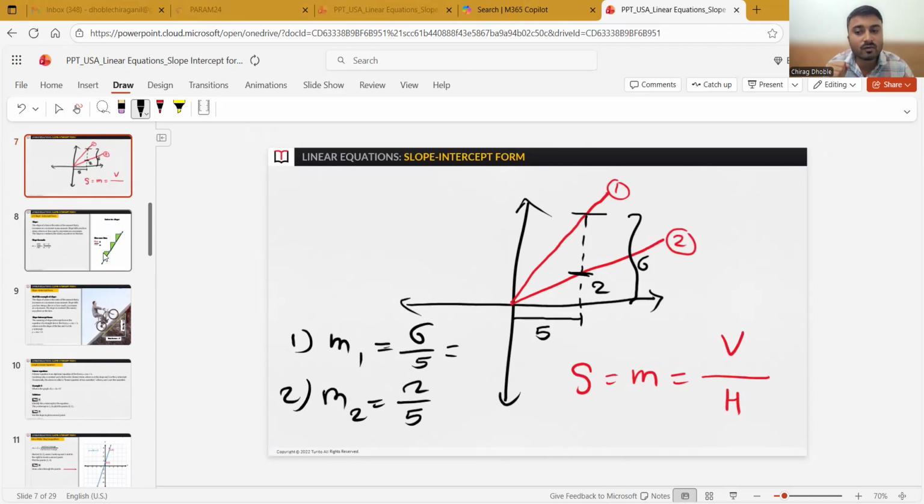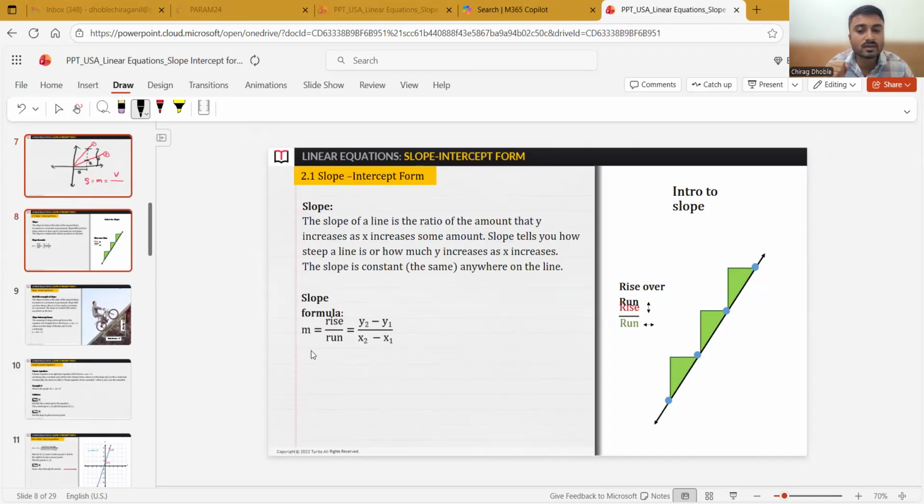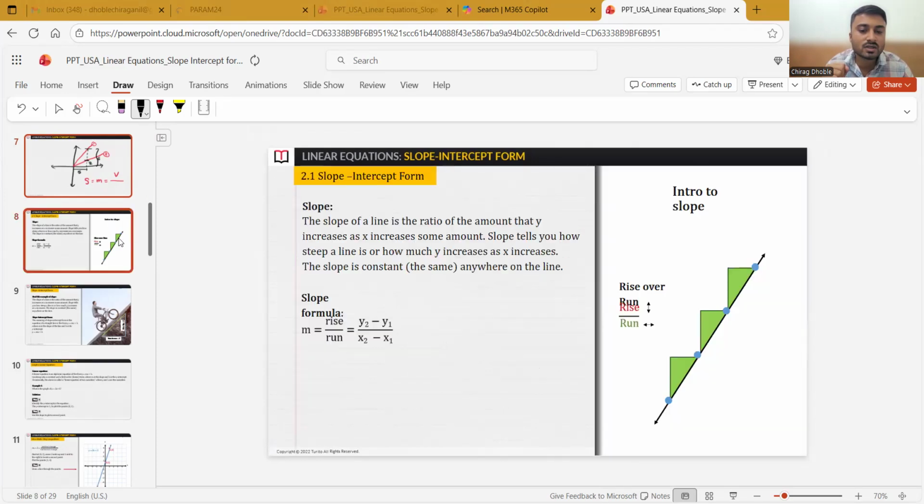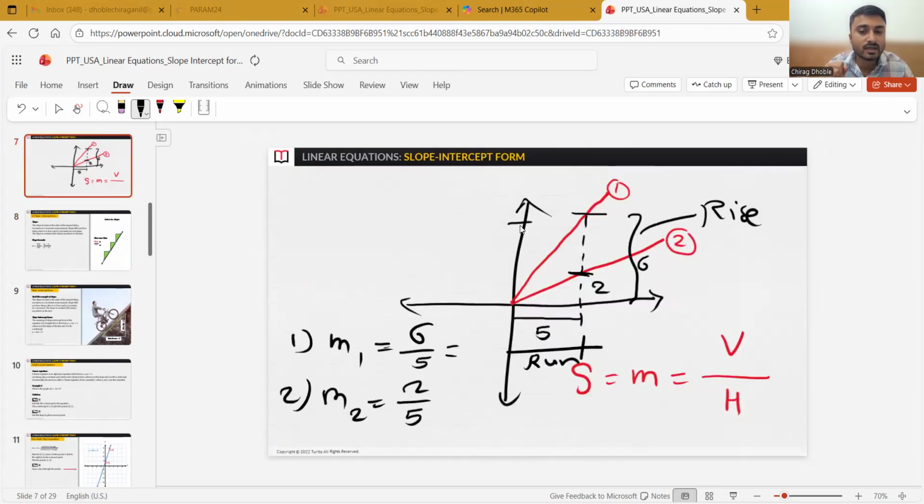The general formula for the slope of a line: the vertical distance is called the rise, and the horizontal distance is called the run. So the slope m is equal to rise upon run, and in terms of coordinates, m equals y2 minus y1, the vertical distance, upon x2 minus x1, the horizontal distance.